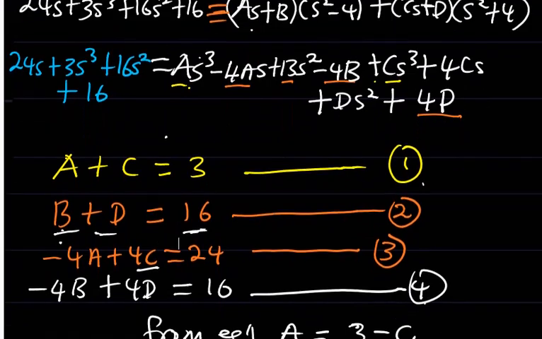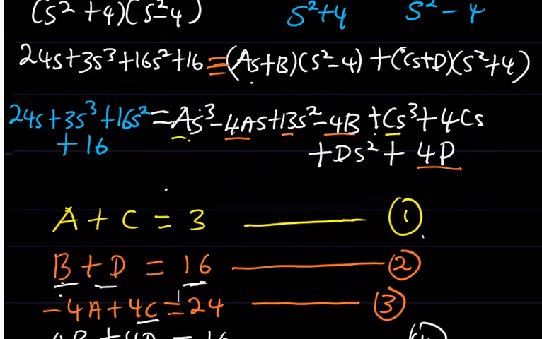I need to solve for B. Here I have minus 4B plus 4D, the two constant terms. B also appeared here.